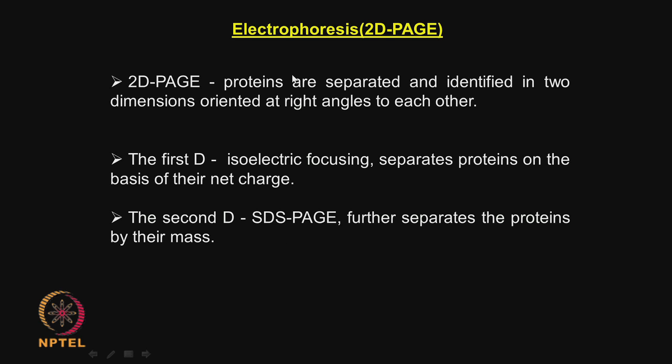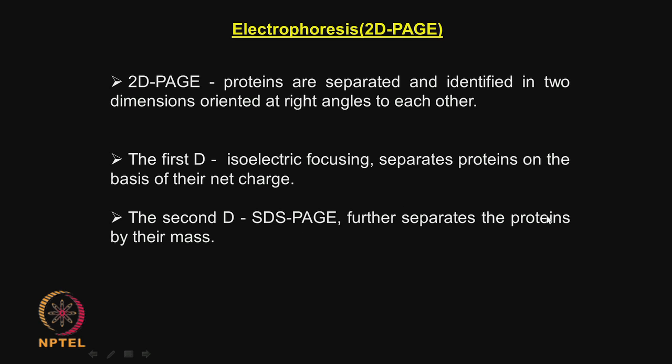We talked about one dimensional, now you have two dimensional electrophoresis. The proteins are separated at right angles to each other in two dimensions. The first dimension could be isoelectric focusing, that means you separate the proteins based on their net charge. The second dimension could be based on their mass.